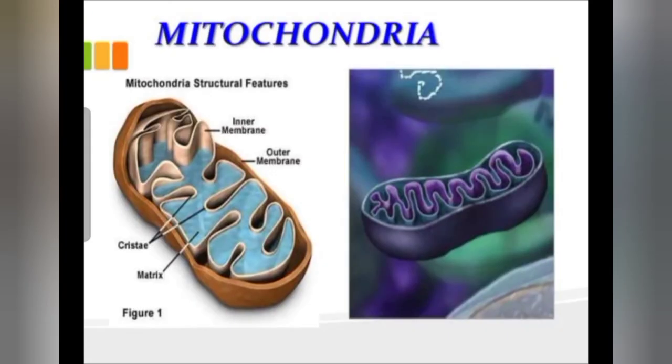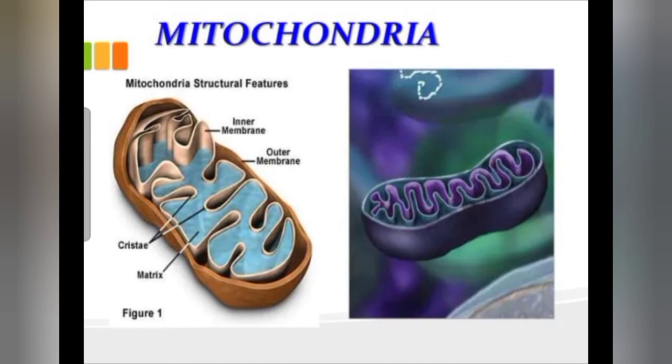Now we'll discuss another cell organelle, that is mitochondria. And students, this is the structure of mitochondria, and mitochondria is known as the powerhouse of the cell. Here I want to tell you that mitochondria were first observed by Kolliker in 1880, and it is a double membrane bounded cell organelle.